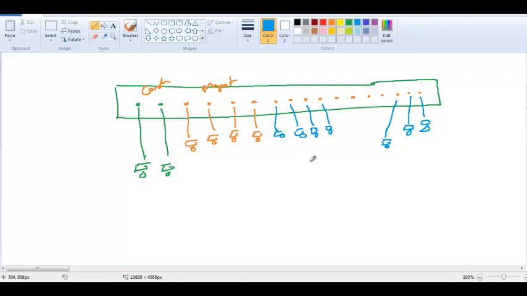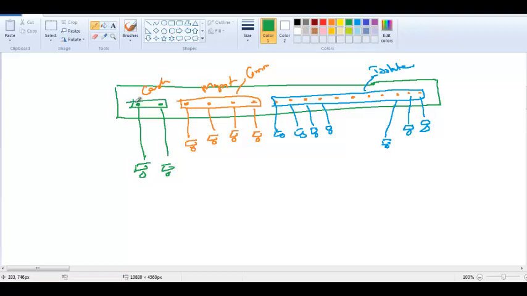So what do you do? You take all these blue computers' ports and assign them to isolate mode. And you take all these management ports and put them in one community. And take these cash ports and put them in another community.